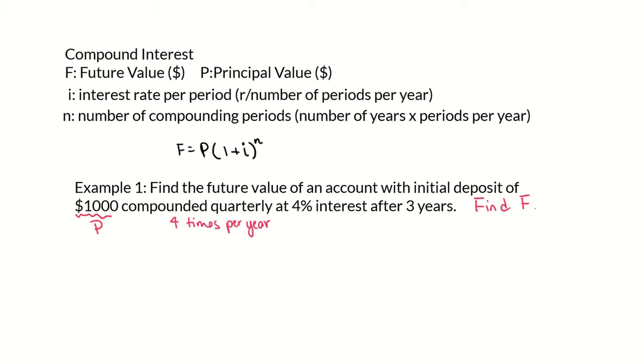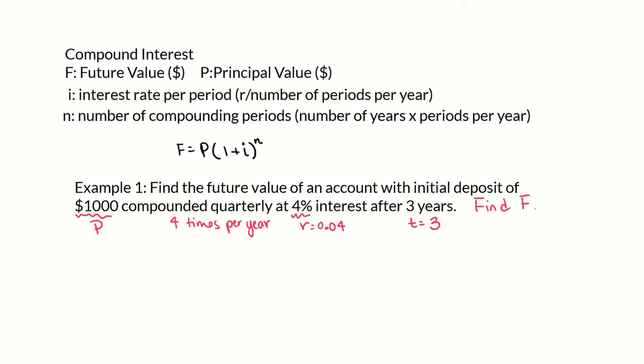So there are 4 periods each year, and the rate is 4%, or 0.04, and the number of years, or the time in years, is 3. So using this information, we want to find I and N.